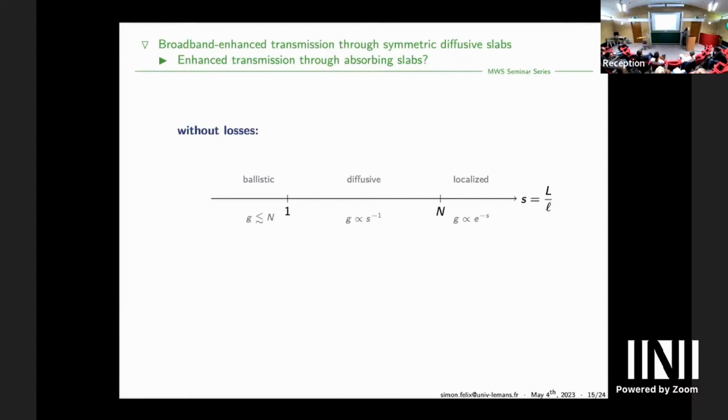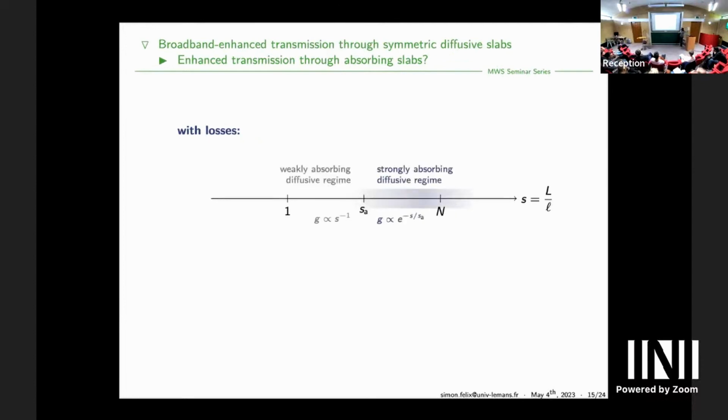So without losses, we have seen this ballistic, diffusive, localization, this characteristic decrease of conductance. Now, if we have losses, we will distinguish between two regimes depending on this ξ_a, which is typically a length of absorption.